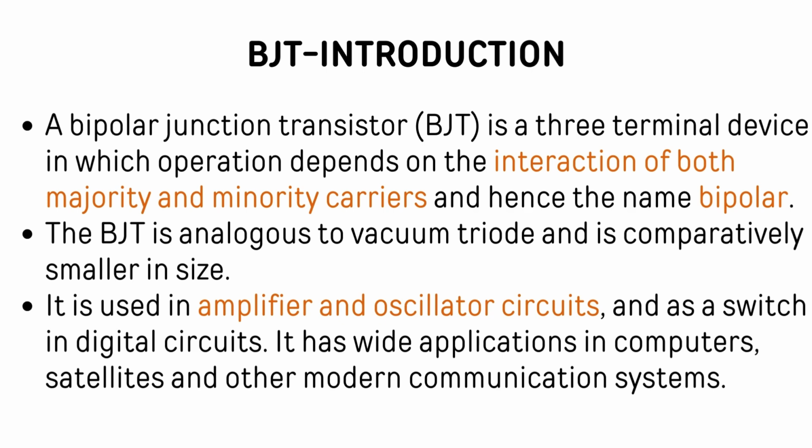The BJT is analogous to a vacuum triode and is comparatively smaller in size. It is used in amplifier and oscillatory circuits and as a switch in digital circuits. It has wide applications in computers, satellites, and other modern communication systems.